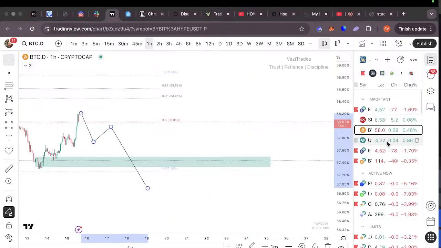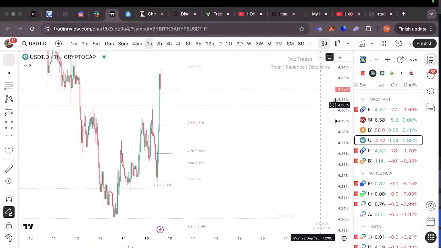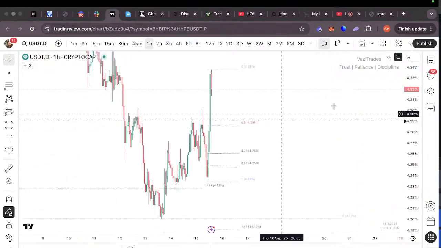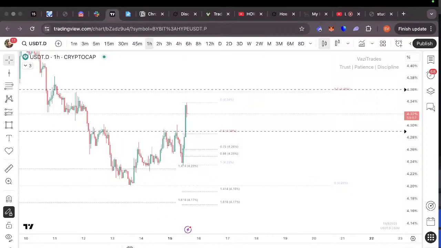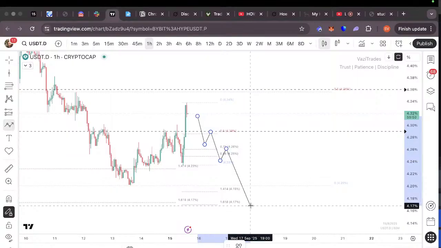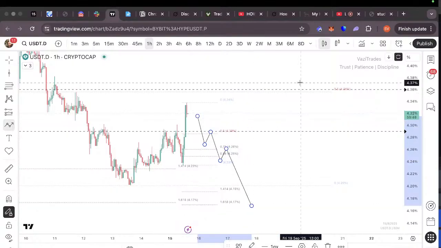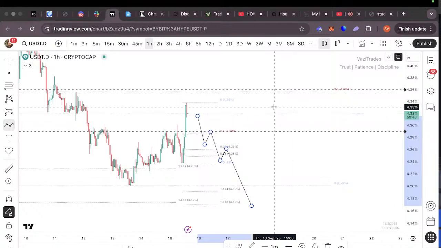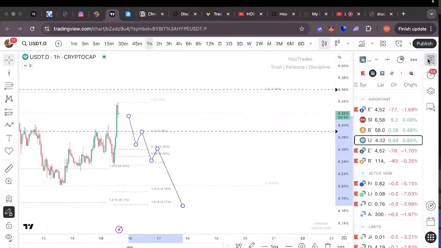And let's go back to USDT dominance, and we should see this kind of picture on USDT dominance if we want to see it dropping more, if we want to see bullish crypto in the upcoming days.